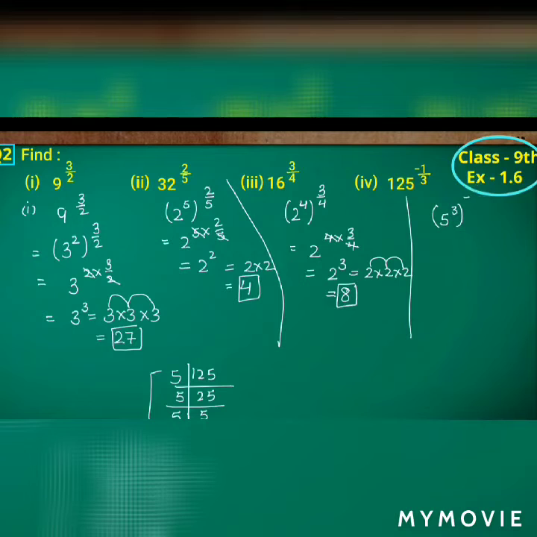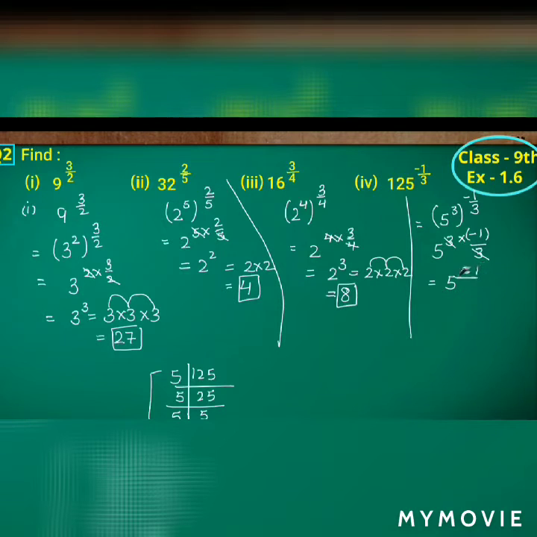Finally we can take the reciprocal of the resulting value. So 5 power 3 into minus 1 by 3. Here 3 and 3 will get cancelled, isn't it? So what else will remain here? 5 power minus 1. Children, if you remember the law, a power minus 1 can be taken as what? 1 by a, isn't it?